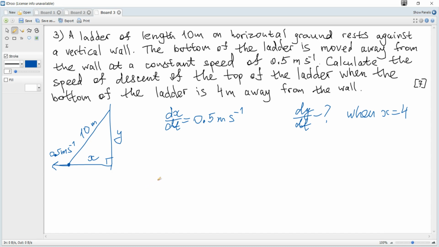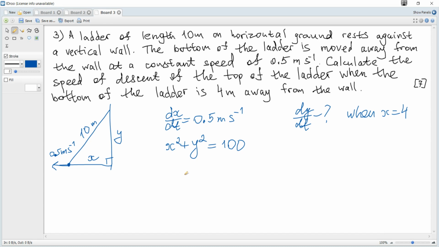Since there is a right angle triangle, we can write that x squared plus y squared is equal to 100. x changes with time, y also changes with time, but at any moment of time these two distances are linked by this formula.